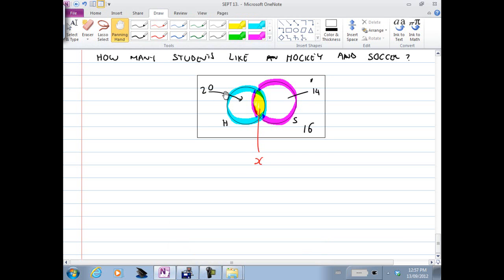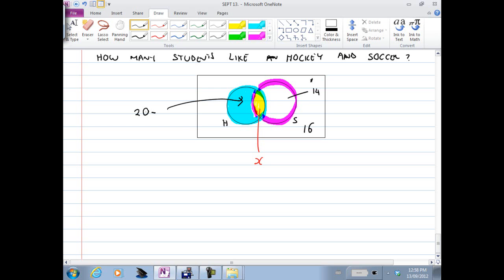This whole entire blue circle right here has to add up to 20. So I'm just going to look at this blue part only. Forget about the yellow part. If I look at the blue part only, what is the equation for the blue part? This is where you've got to be careful. It's going to be 20 minus something.